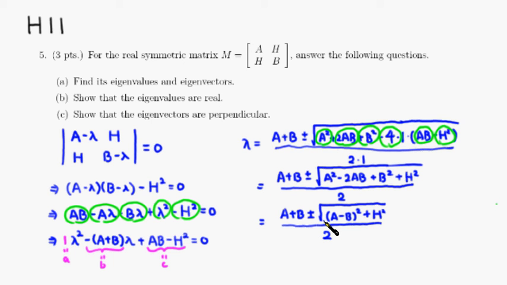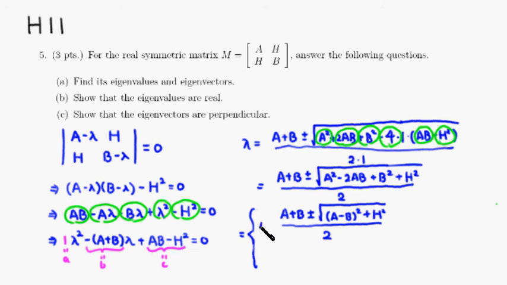So these are the two eigenvalues. We can probably take the positive version as lambda 1 and the negative version as lambda 2. So those are the eigenvalues. Maybe I'll do it this way. Instead of writing it this way, maybe I'll write it here.